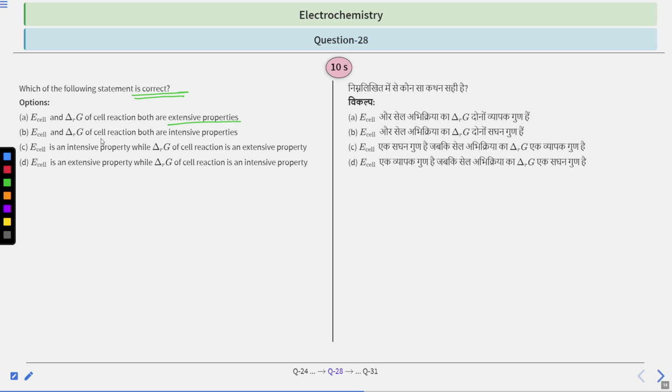E of cell and del Rg of cell reaction, both are intensive properties. E of cell is an intensive property, while del Rg of a cell reaction is an extensive property. E of cell is an extensive property, while del Rg of cell reaction is an intensive property. So you have 10 seconds to solve this question. After that, we will see the answer.